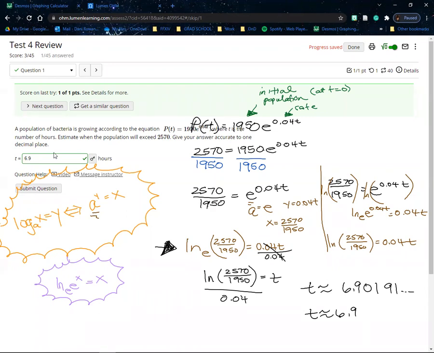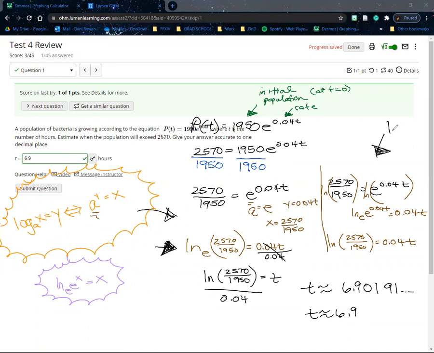Okay, and remember, on the left-hand side here, we used the definition. And on the right-hand side here, we just took the natural log of both sides. And then we used what we know about the rules of logarithms to get to the same spot.